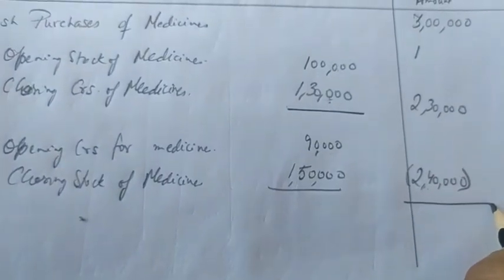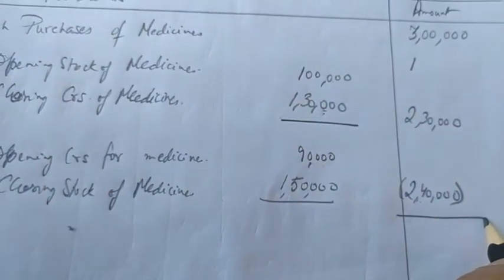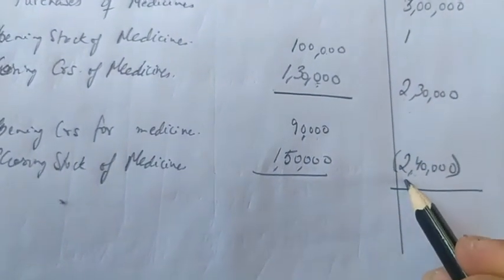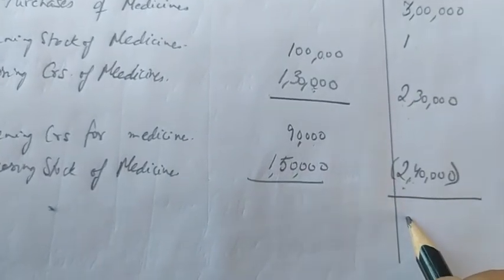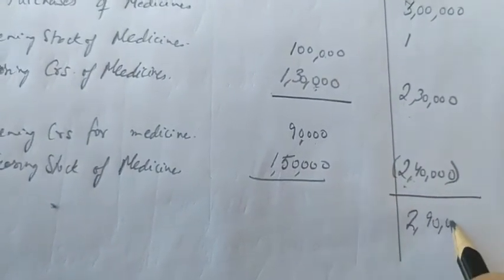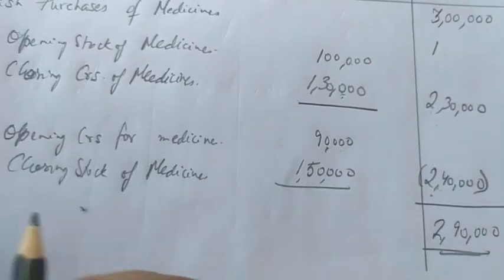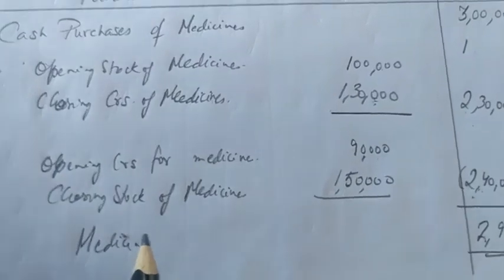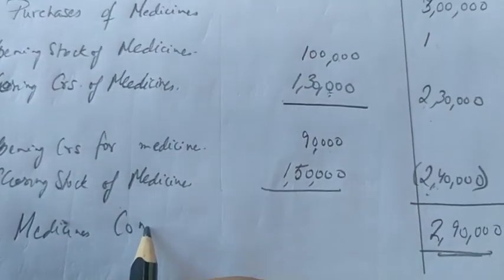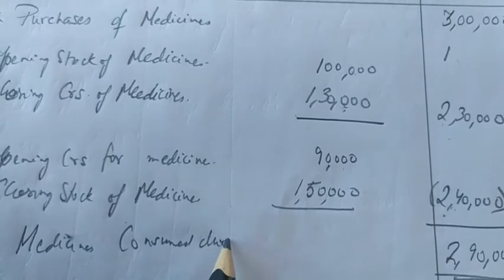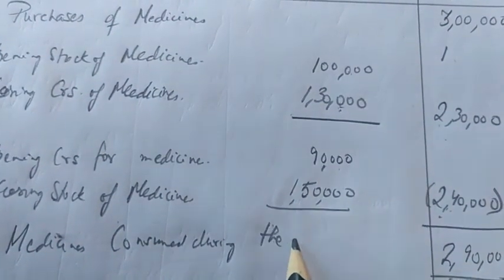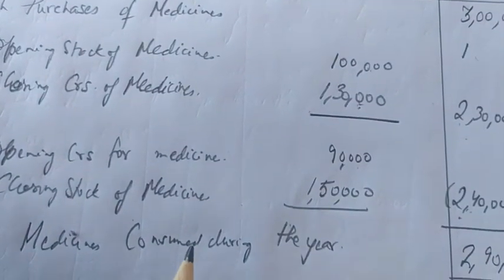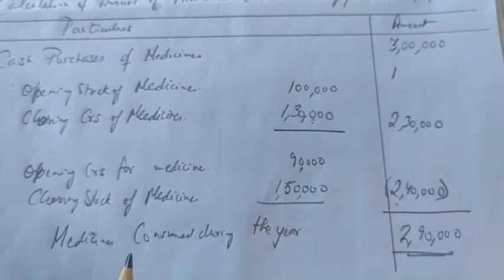So here when we will do the total calculation, 3 lakh plus 2,30,000 minus 2,50,000 will give us the amount 2,90,000, and this is the amount that will be called as medicines consumed during the year, and it will be taken as expenditure, or this is the amount to be debited to income and expenditure account.